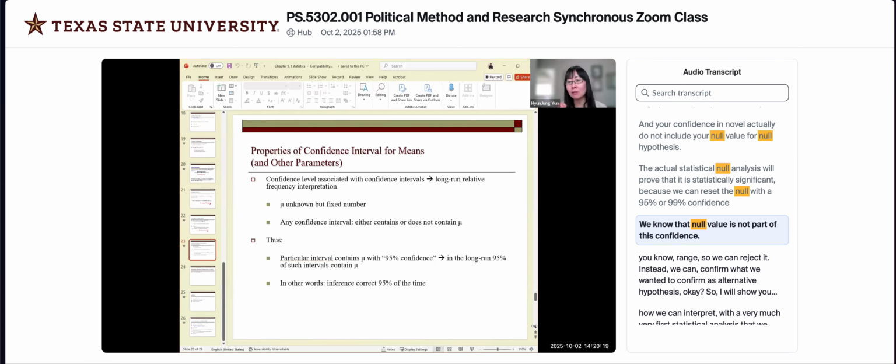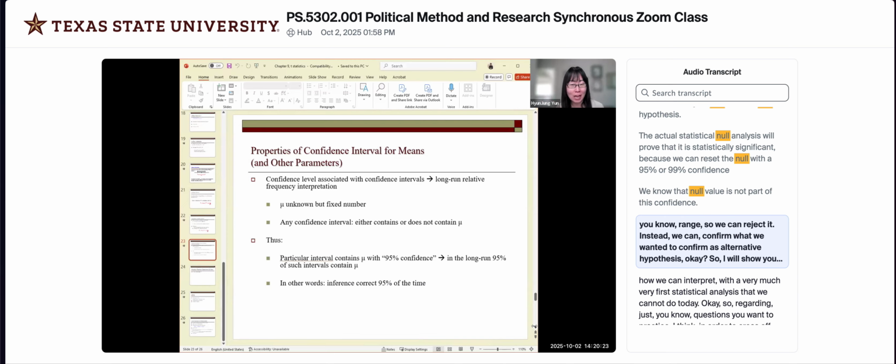We know that the null value is not part of this confidence range, so we can reject it. Instead, we can confirm what we wanted to confirm as the alternative hypothesis.